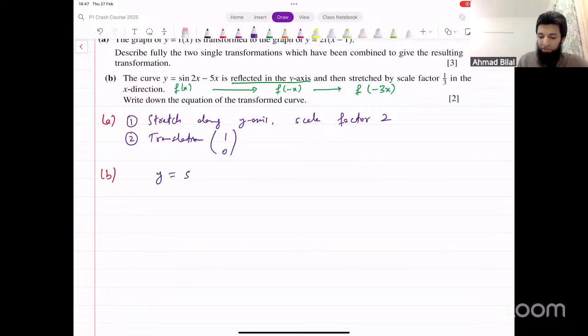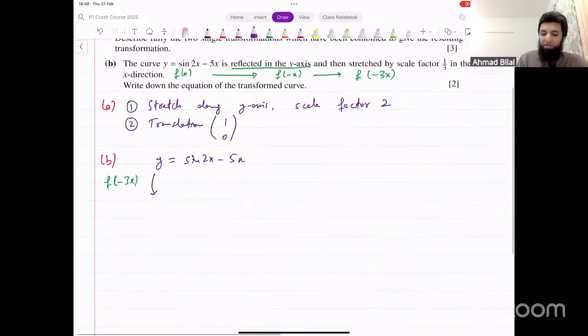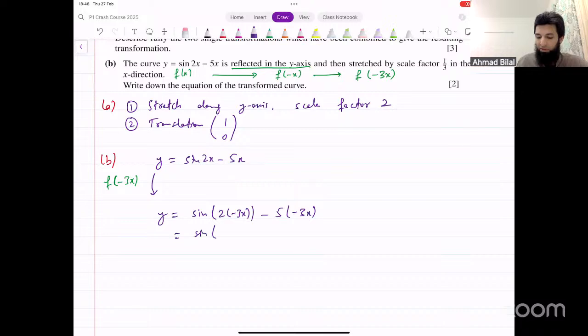The original function is y equals sine of 2x minus 5x. That has to go to f of minus 3x. So you just replace x with minus 3x, so it becomes sine of 2 times minus 3x minus 5 times minus 3x, and that gives you sine of minus 6x plus 15x.